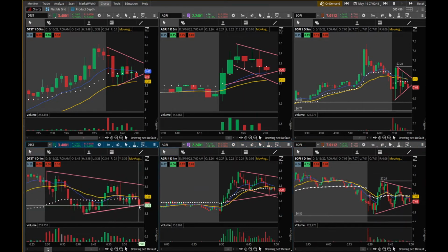There's an entry for you right here. Boom. Should we try it? Just jump in there. See if it holds. Playing off of that ascending line.